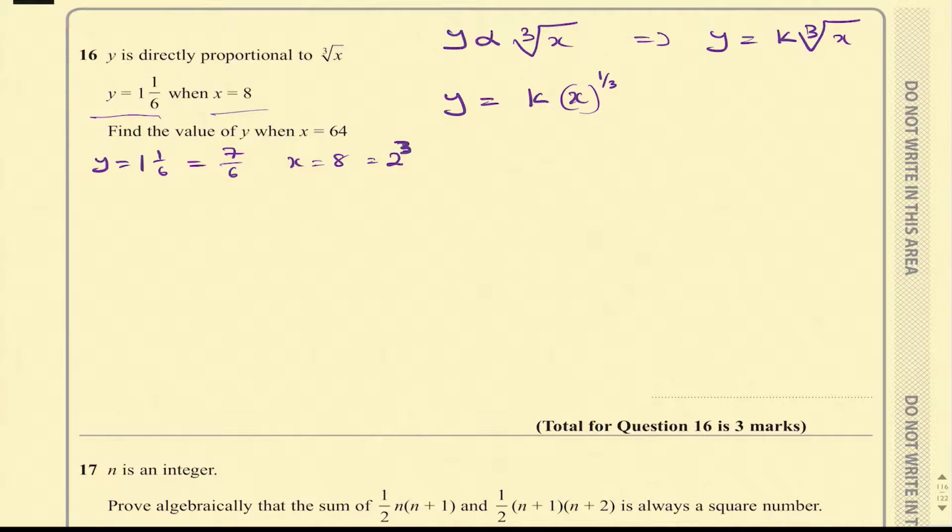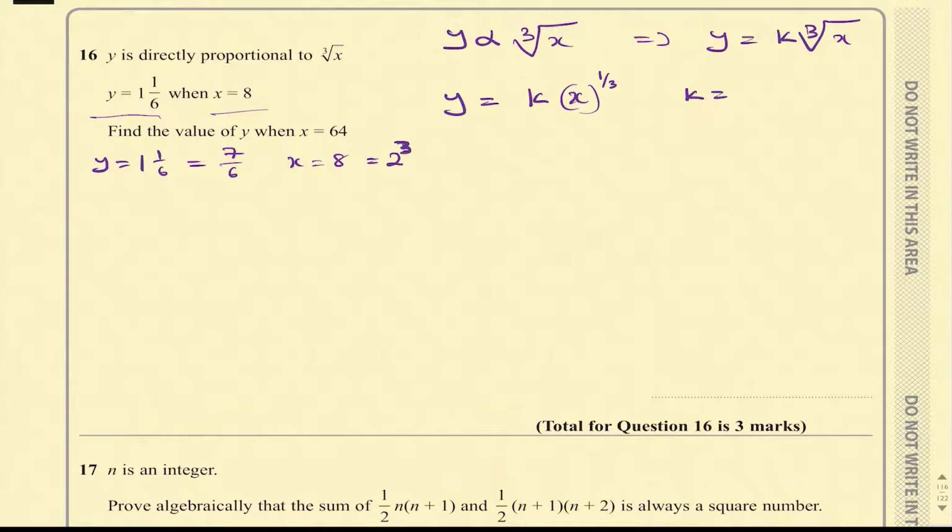Now, the reason why I wrote 8 as 2 to the power 3 is because of the x to the power 1/3, the 3 in 1/3 is telling us to write x in terms of a power of 3. So, let's now find k.